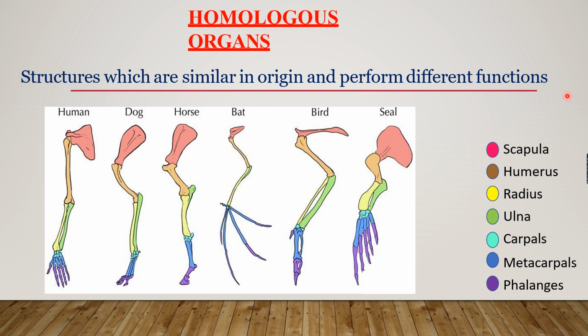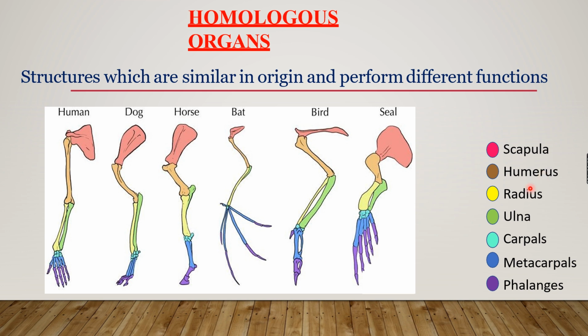Here you can see the forelimbs of various animals, human being, forelimbs meaning hands, and shoulder girdle, scapula, and humerus bone. This is called humerus, yellow color radius, green color ulna, this is called carpals, this blue color is metacarpus, violet color is phalanges.